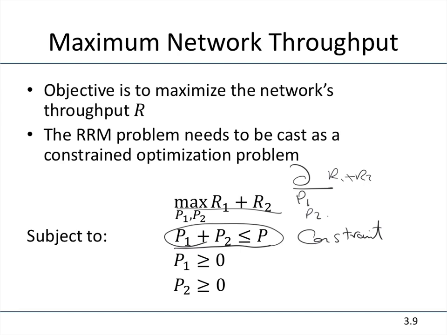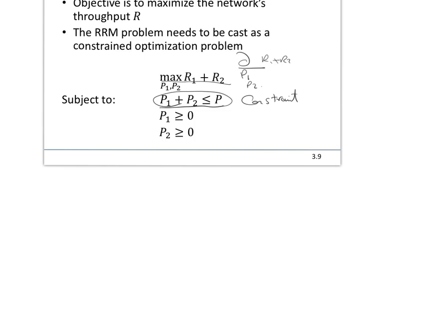In order to visually appreciate this, assume that we have one parameter, say P1 or P2. So the function looks like this, such that there is an absolute maximum point. And at the maximum point, we know from calculus that the slope is 0, right? So we get the absolute maximum.